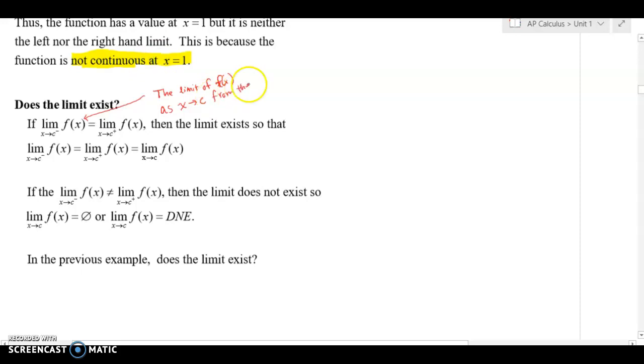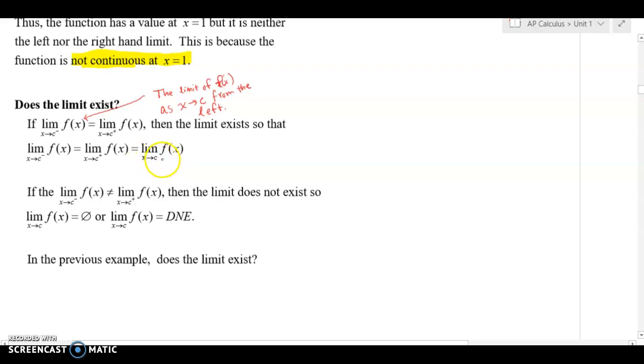All right, so that's the way I'm technically supposed to read it, but sometimes I'll just say, if the limit from the left equals the limit from the right, then the limit exists. So the left-hand limit equals the right-hand limit, and that is the same thing as the limit.